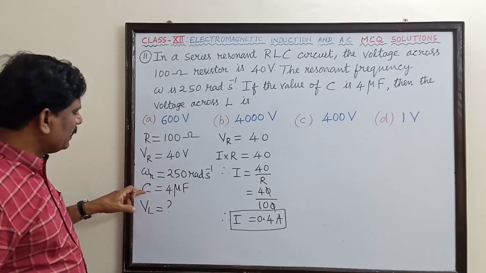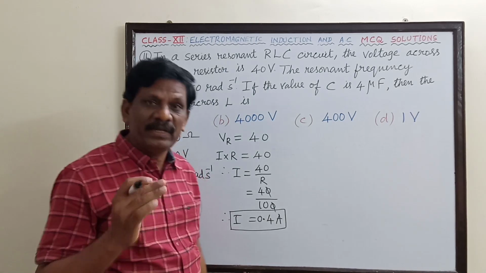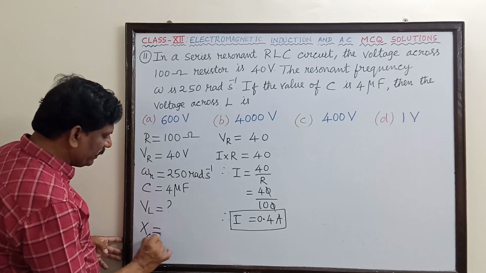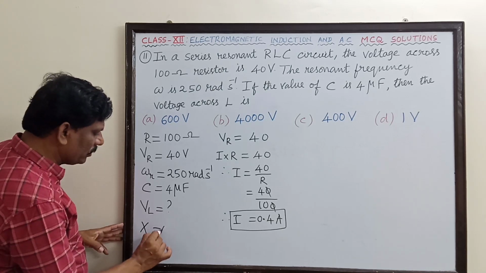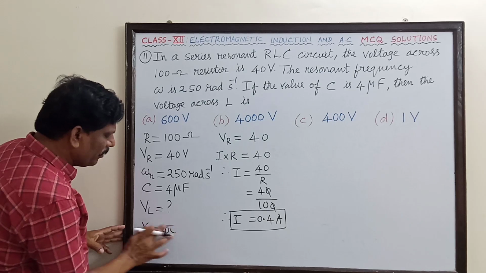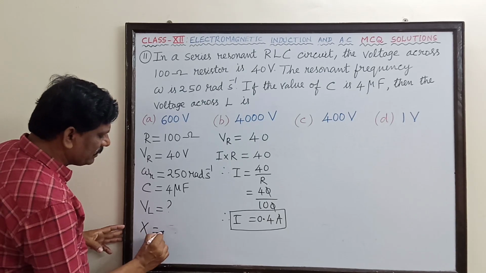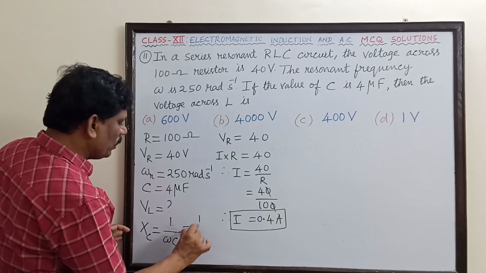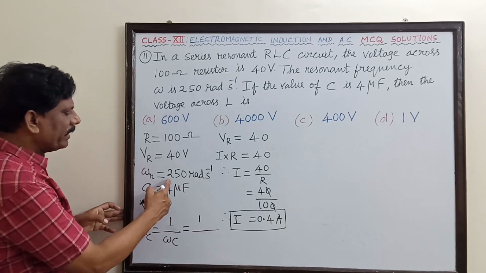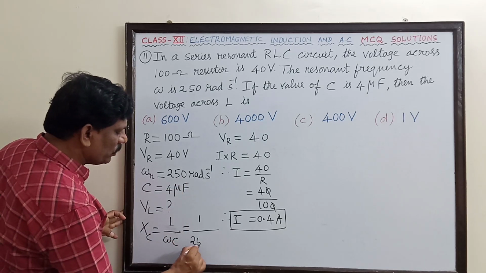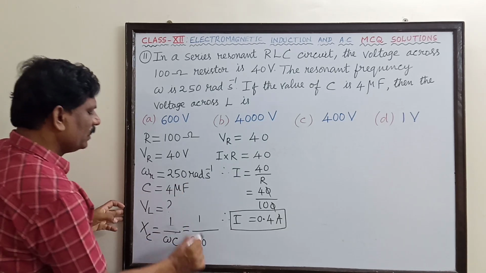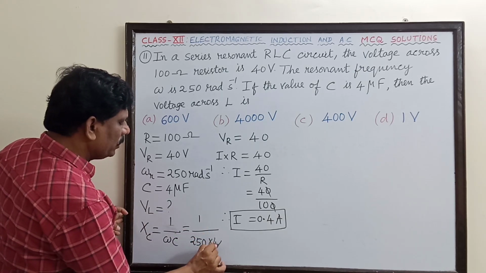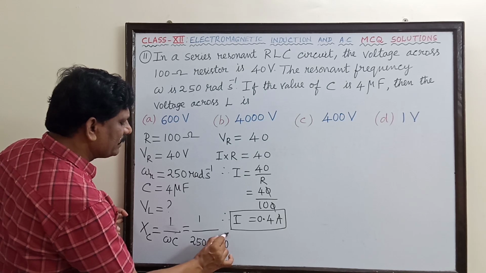Okay, now omega and C are given, is it not? Therefore, XC, the capacitive reactance, is equal to 1 by omega into C. So this is equal to 1 divided by omega, which is 250, into C, which is 4 into 10 power minus 6.